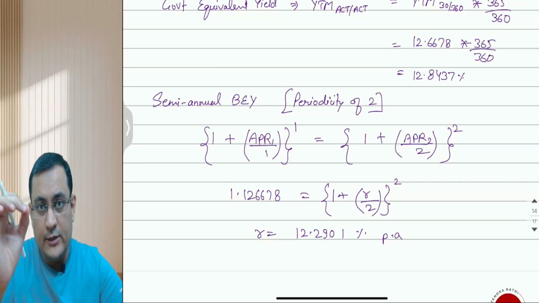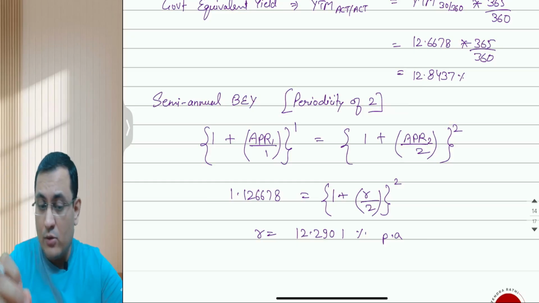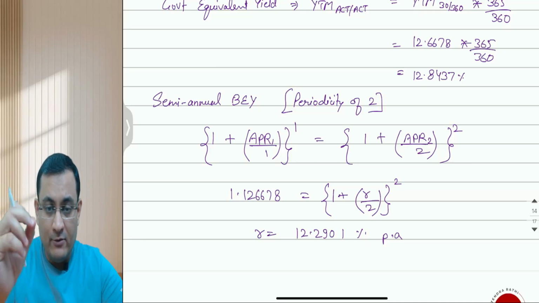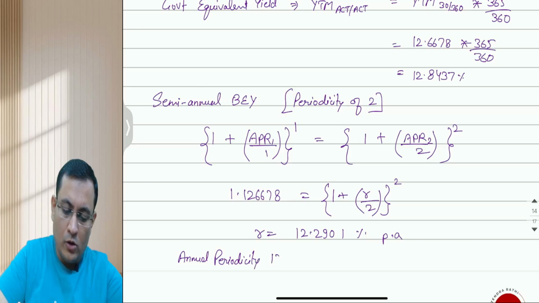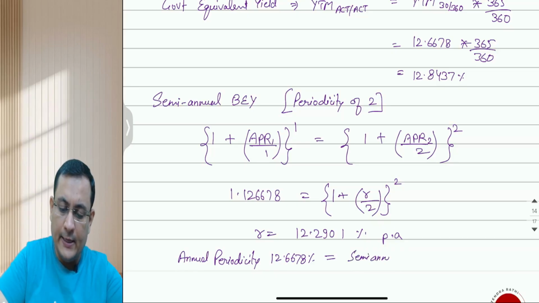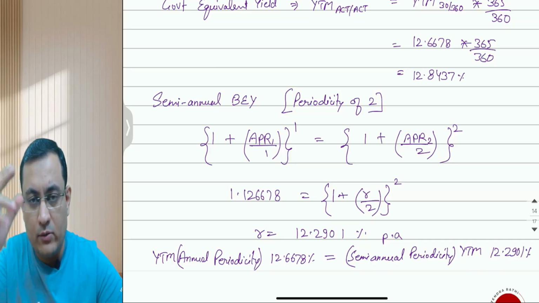So annual periodicity YTM of 12.6678% is equal to semi-annual periodicity YTM of 12.2901%, and this is called the semi-annual bond equivalent yield.